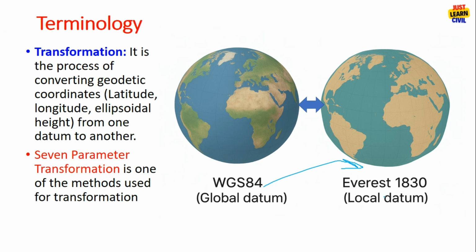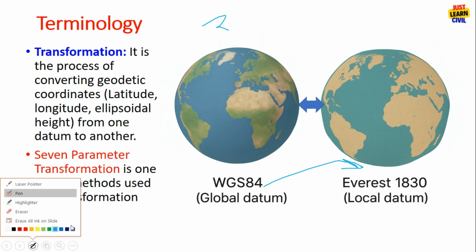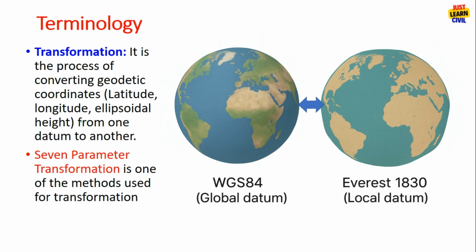Everest 1830 also has latitude, longitude and height, but 27 degree in WGS 84 is not the same as 27 degree in Everest 1830. It may be 26.5, 26.7, anything else. For the purpose of transformation, we will be using 7 parameter transformation.